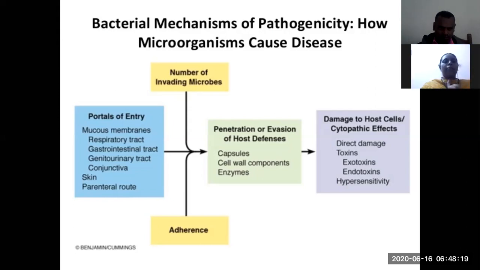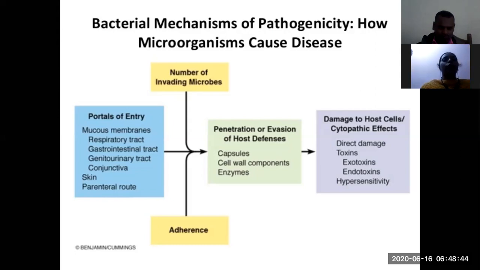First, we can start from portals of entry. How at all does it enter the living being? Number one, through mucous membranes. Number two, through the respiratory tract. Number three, the gastrointestinal tract, because our intestine consists of many useful bacteria and also harmful bacteria.